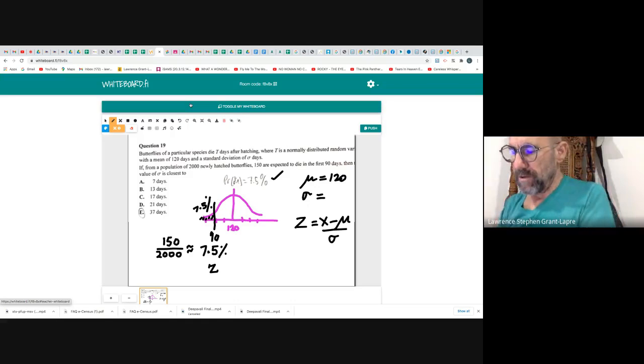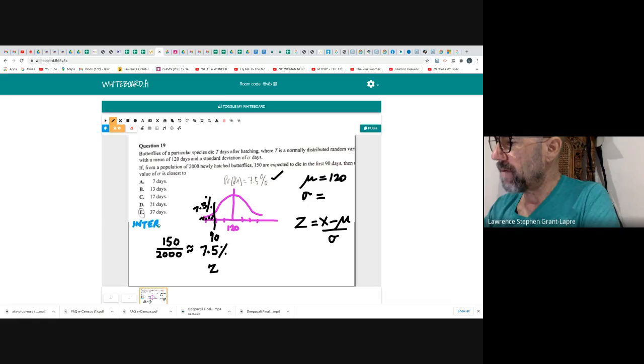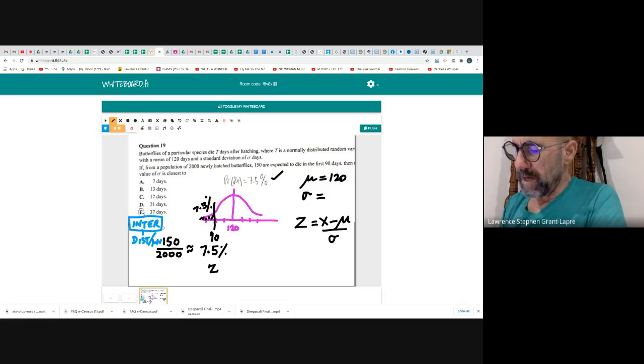I want you to go to your main menu, go interactive, go to distribution, and the one I want is inverse, INV, distribution, inverse, because we use inverse when we know the probability.